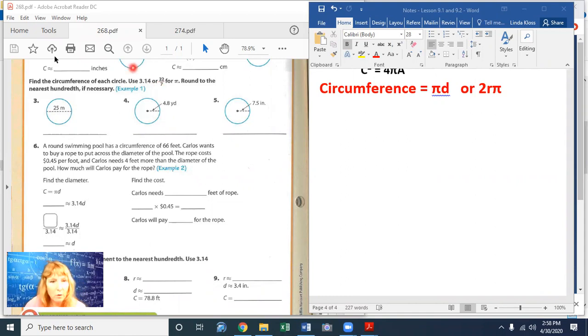So on this number 3, we're given 25. That's a diameter. So we're going to use pi times the diameter of 25. So if I were to do that, I'm going to go 3.14 times 25.